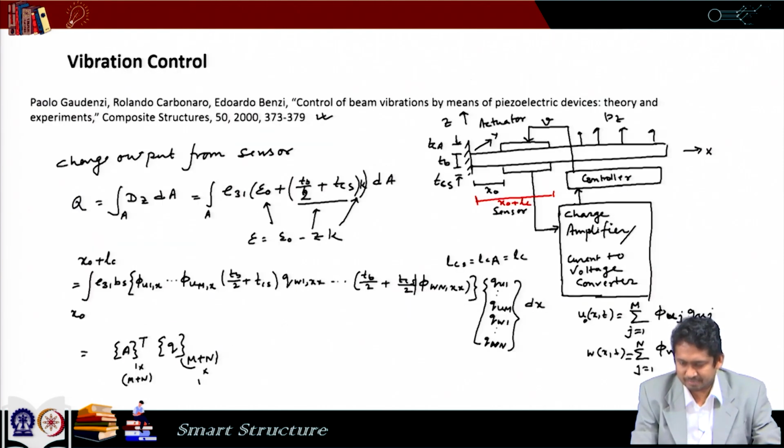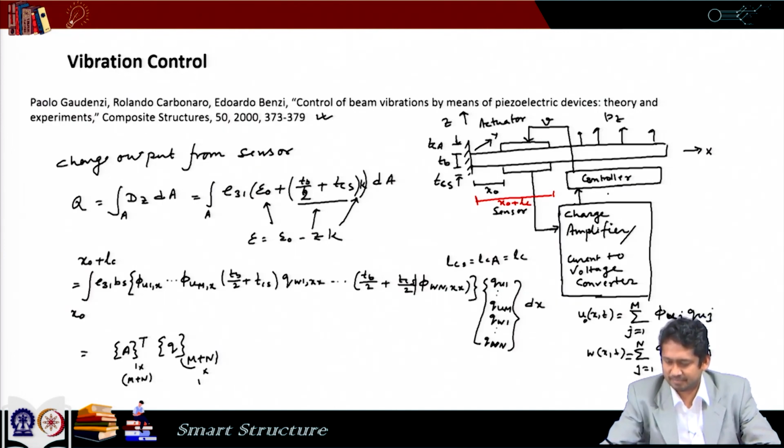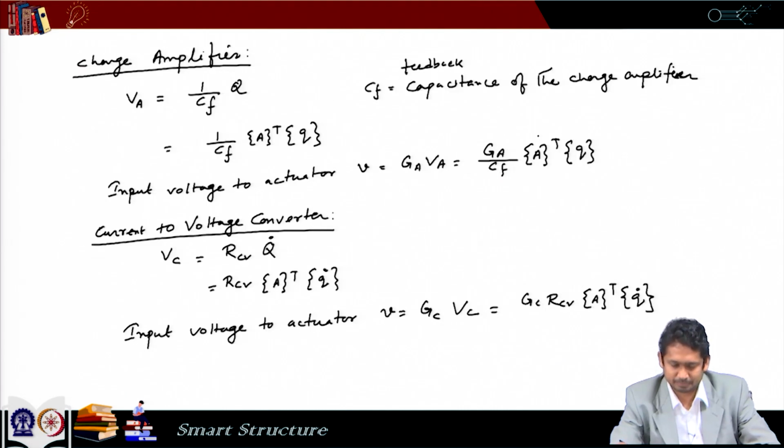So, what happens is the charge amplifier gives an output which is our V A or V C, and accordingly the controller multiplies with G A or G C, and the product of it is the feedback voltage V that comes to the actuator.